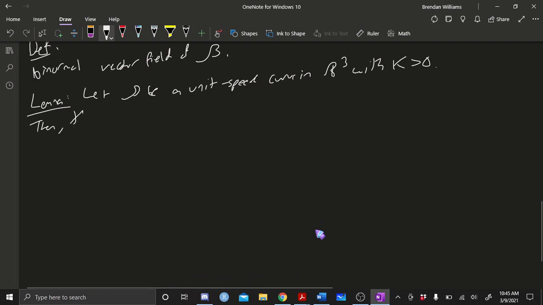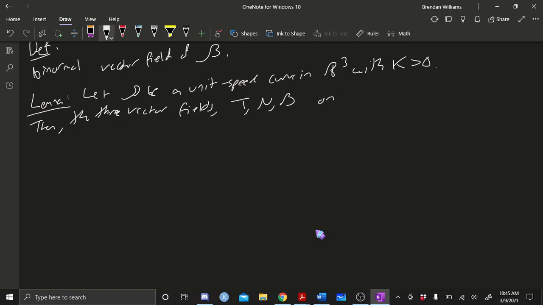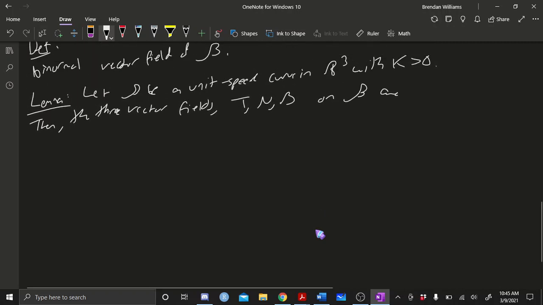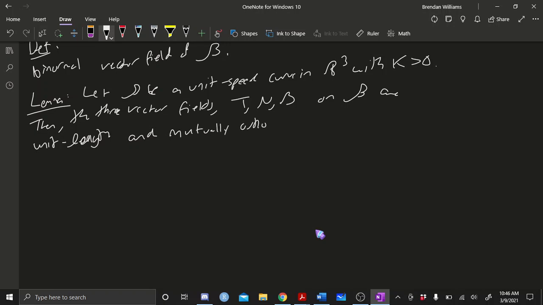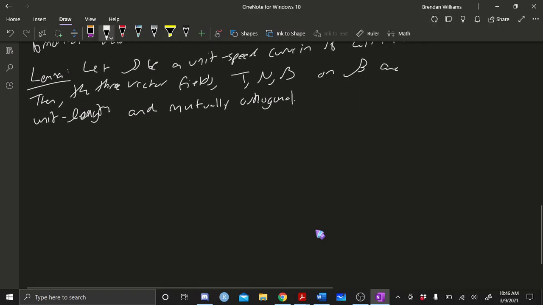Then the three vector fields T, N, and B on beta are unit length and mutually orthogonal, and that's at each point.